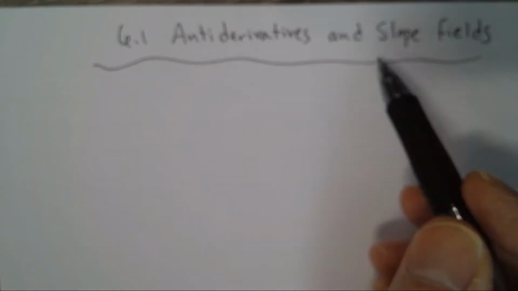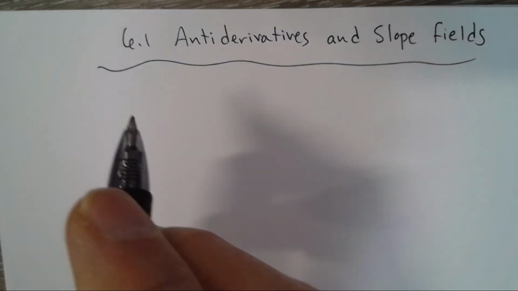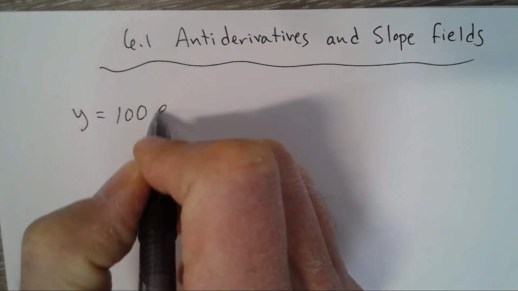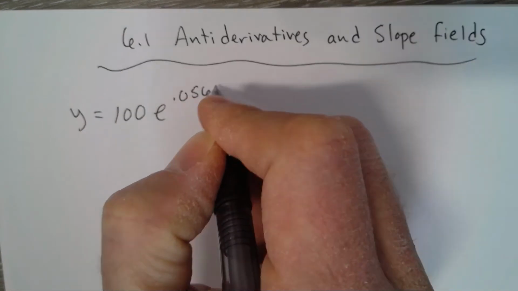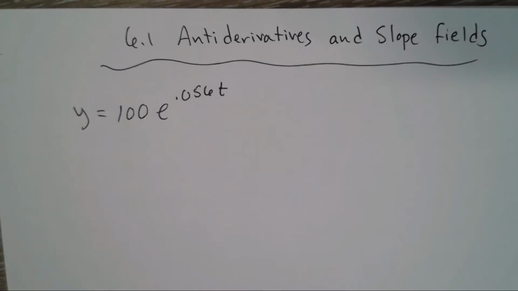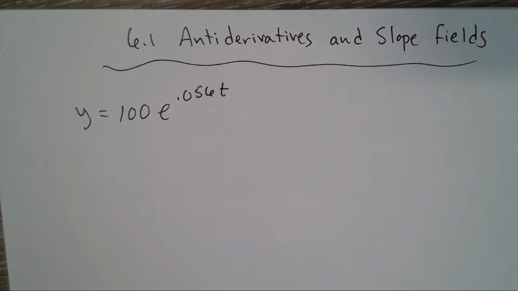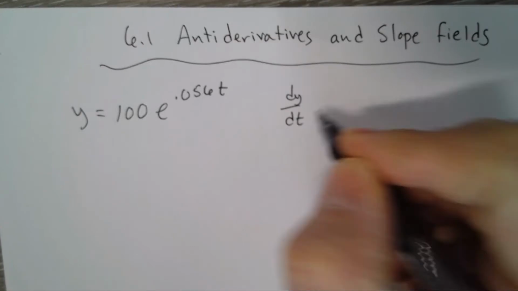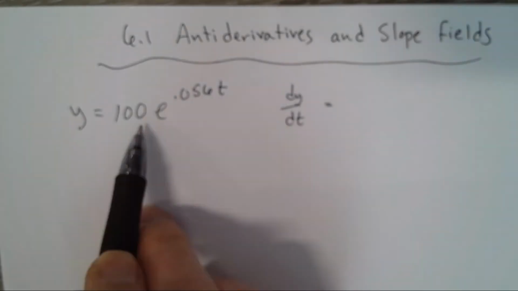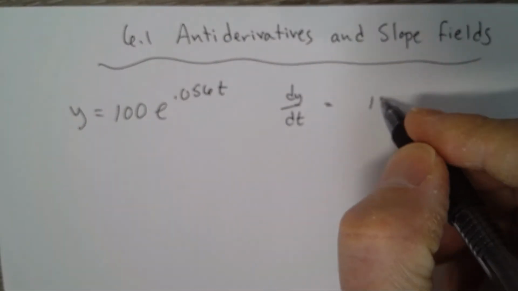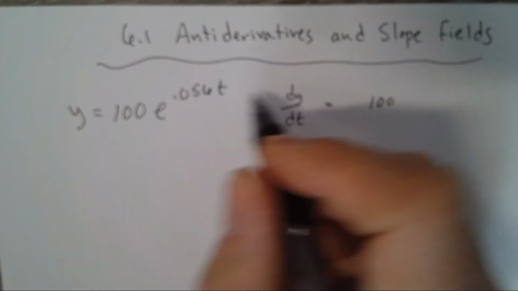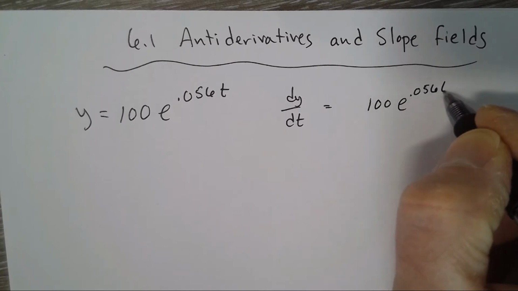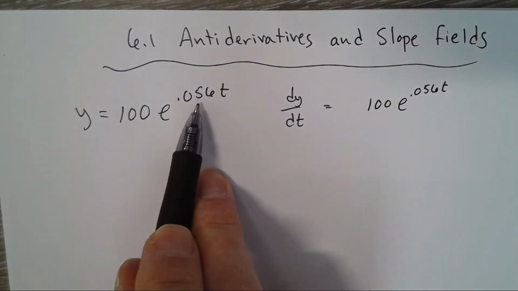There's also slope fields, which I'm going to talk about right away here. So if I have y equals 100 e to the 0.056 t, and I wanted to find the derivative, so it would be dy dt. Well, the 100 just floats, and then the derivative of e to the u is e to the u times the derivative of the exponent, which is 0.056.